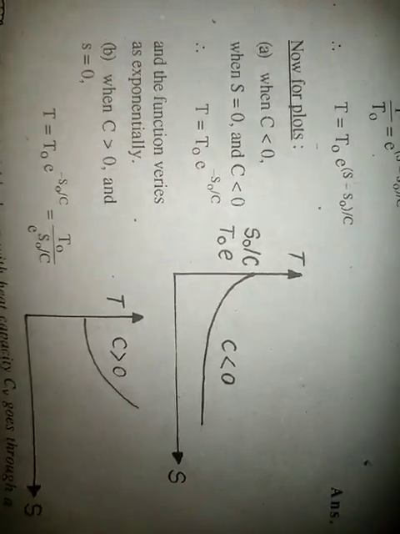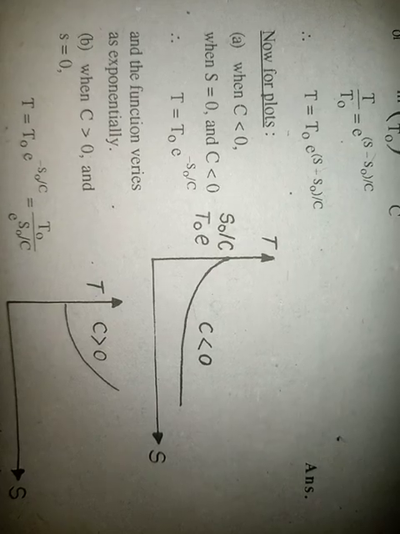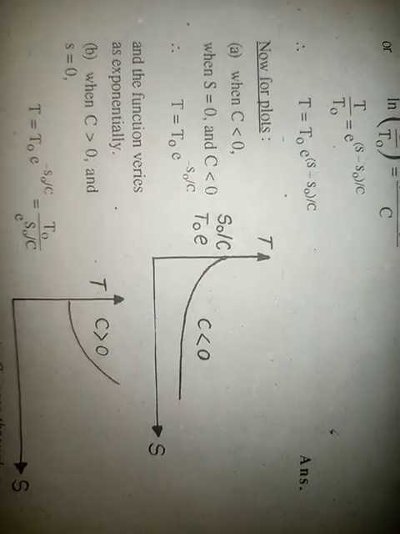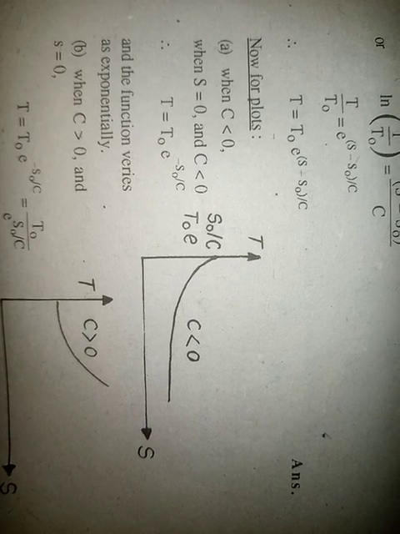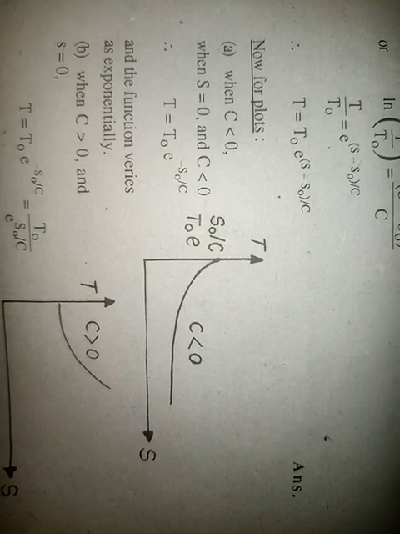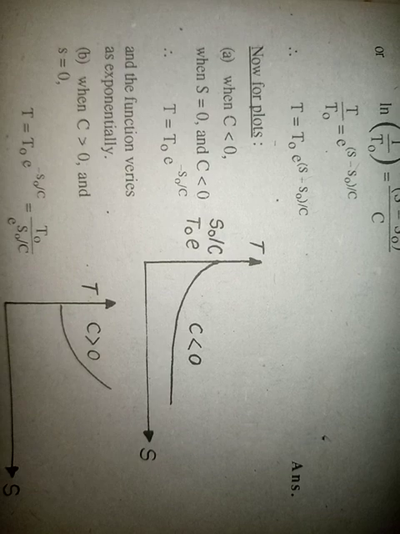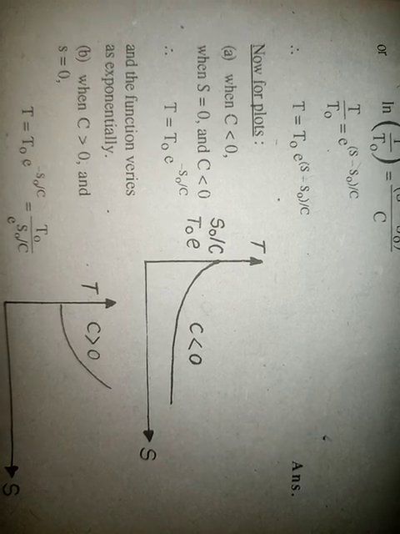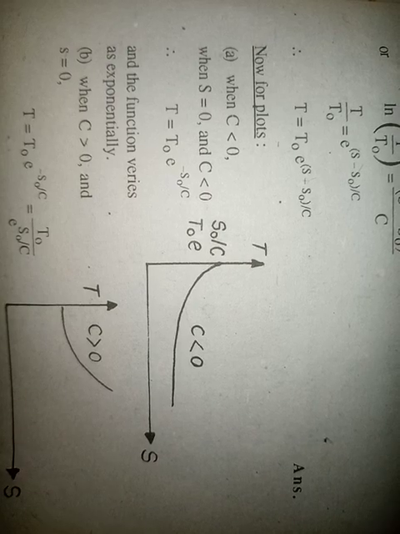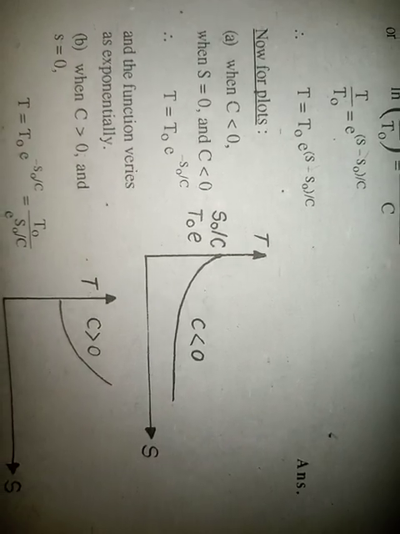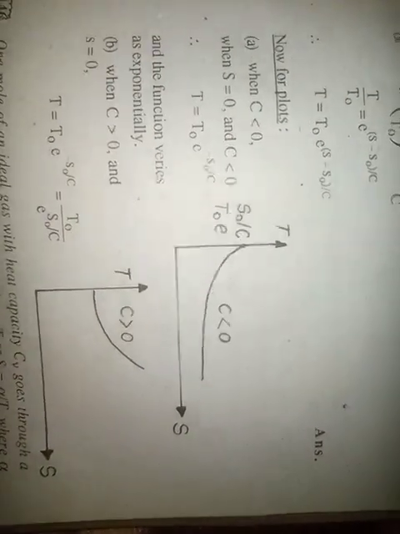Now for the plots, when C is less than 0 and S equals 0, T equals T naught e to the power minus S naught by C, and the function varies exponentially.